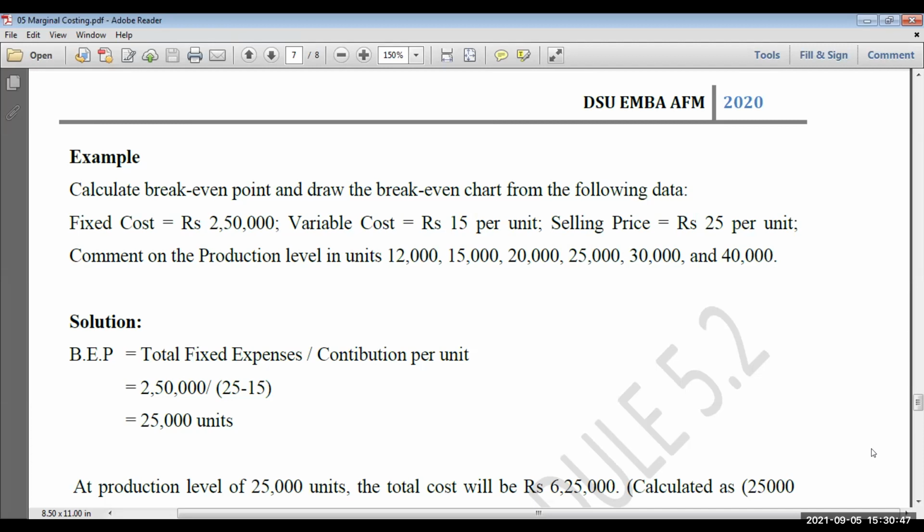Anybody? What is the value? What is the amount of break-even sales? What is the unit of break-even sales?